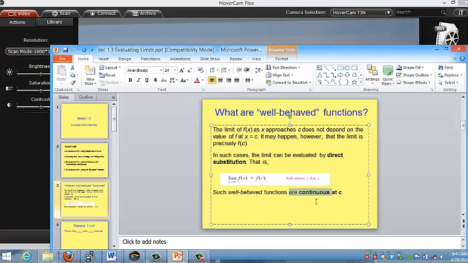Our book decides to wait until section 6 to give you that word, but I'm going to give it to you now. A function that is well behaved like that at a certain point, we use the word continuous. How many people have heard the word continuous for a function before? Only some. Okay.